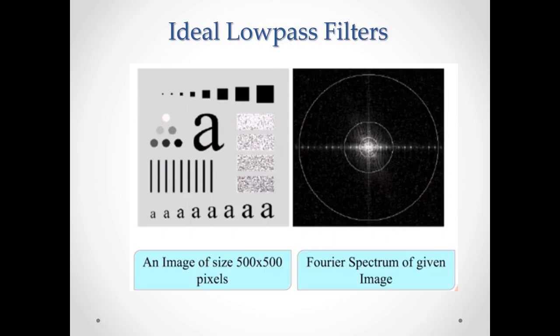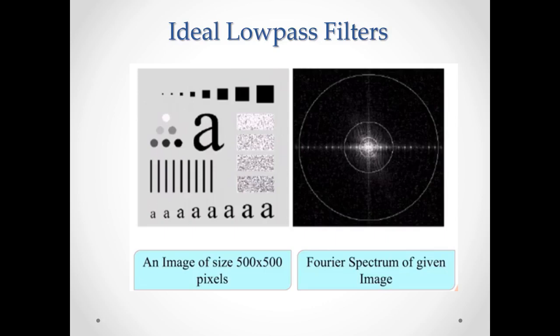Now if we consider a waveform, let us say this is the signal. On this signal, the threshold value which we are taking is d naught. So for this, the transformation function will be 1 for the signal value less than or equal to d naught, and it will be 0 for signal value greater than d naught.